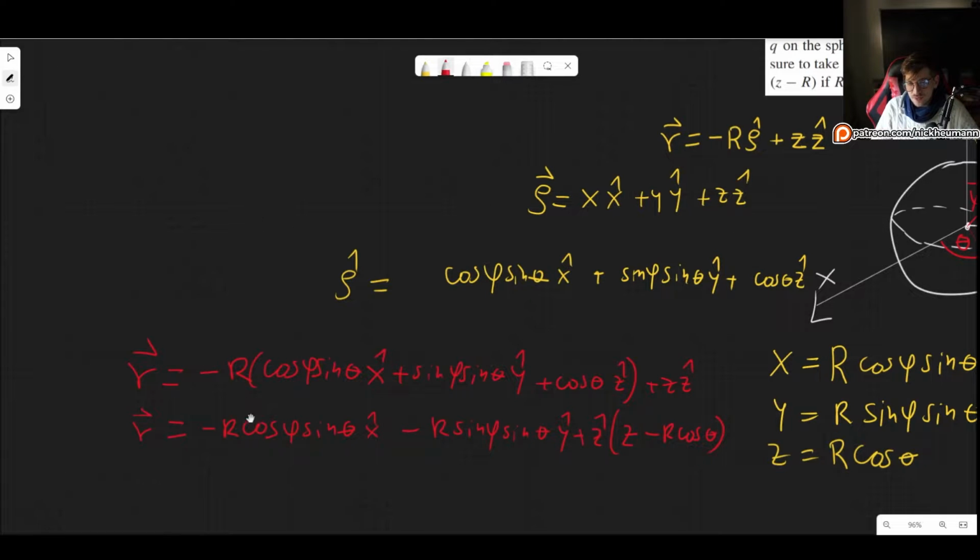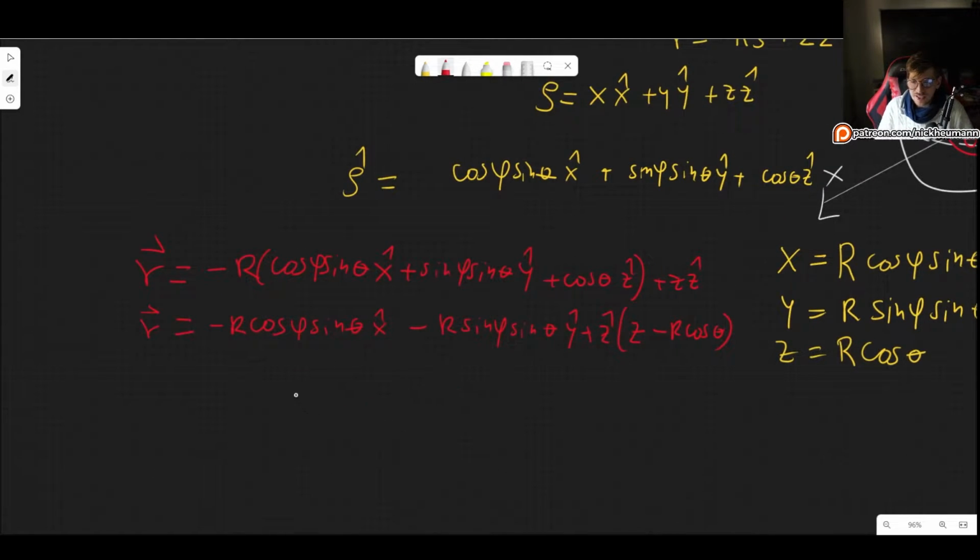And now we want to find the unitary vector, so we need to divide by the modulus of this. So what is the modulus of that? Well, the modulus is simply taking the square root of each one of these components squared, adding them of course.